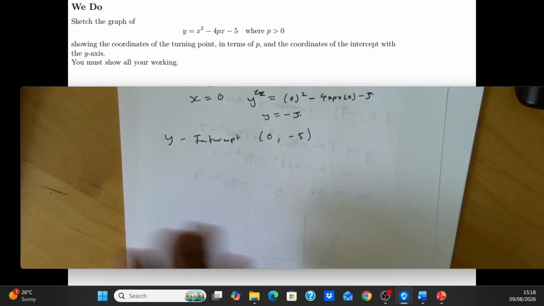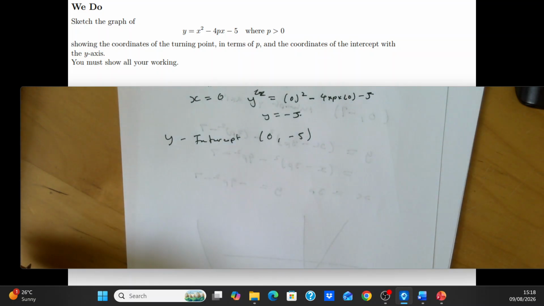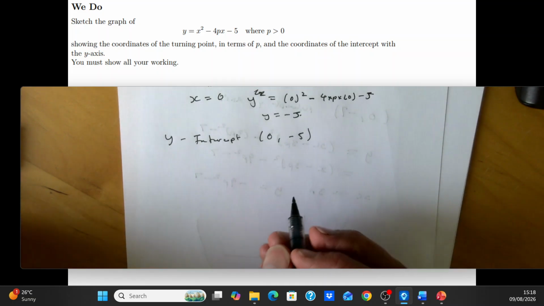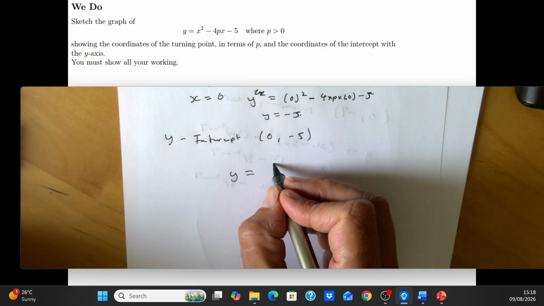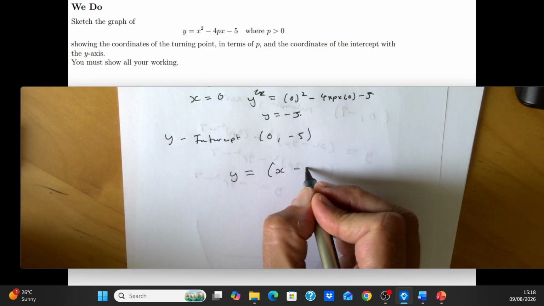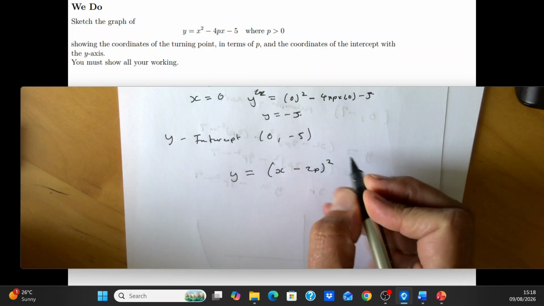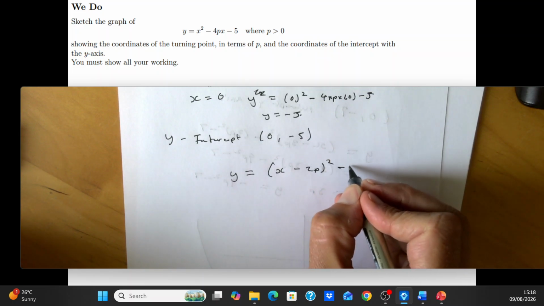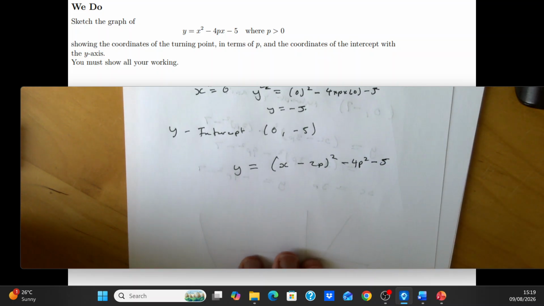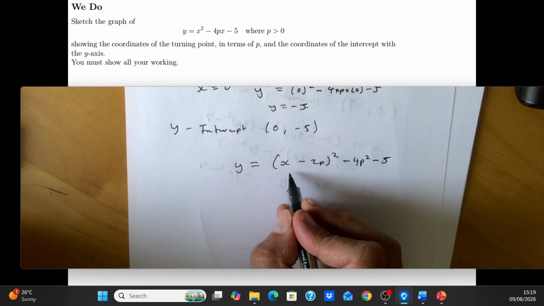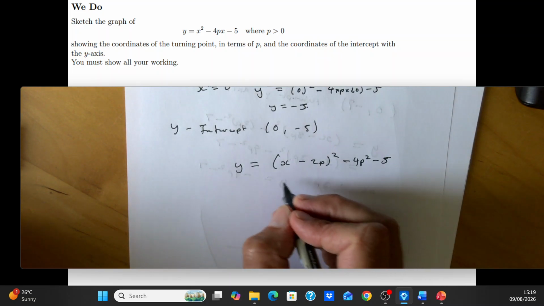Right, so what do we need to do to find a turning point? We need to complete the square. So y will equal completing the square. So where does it turn when correct? That equals 0.